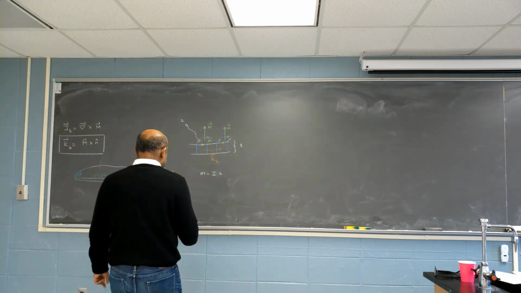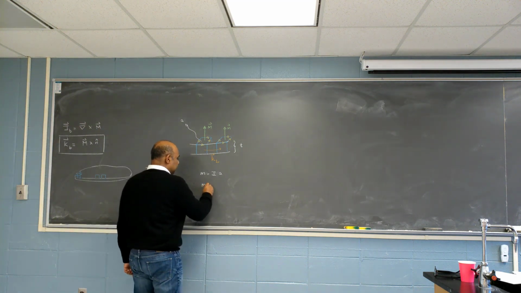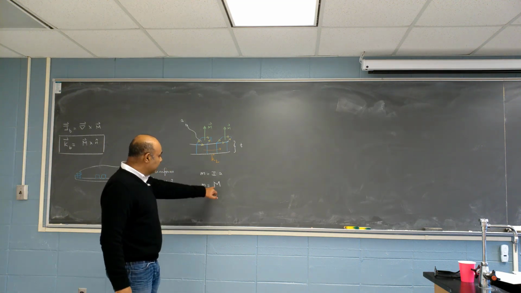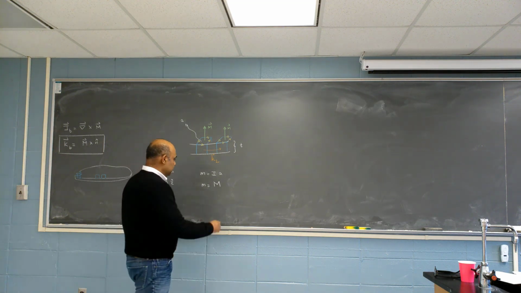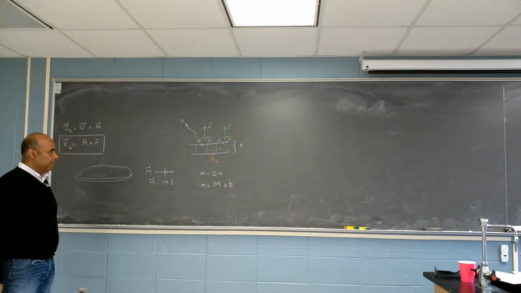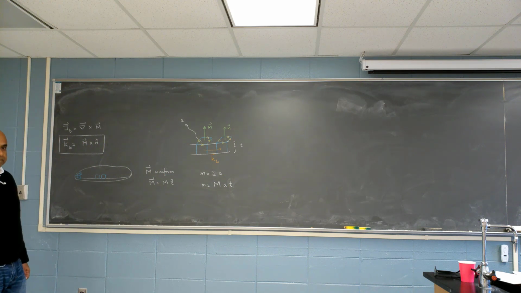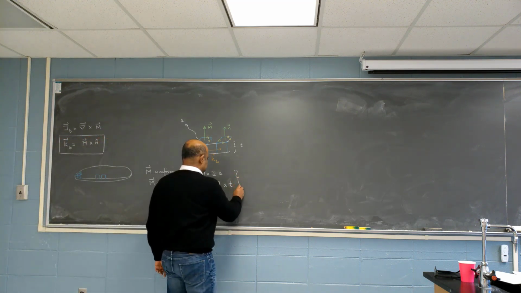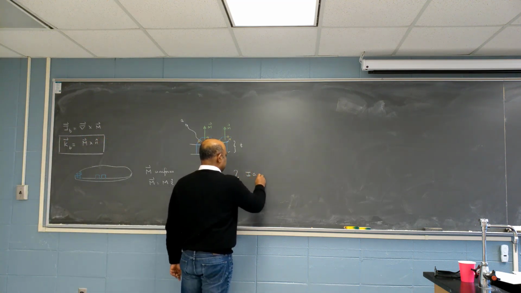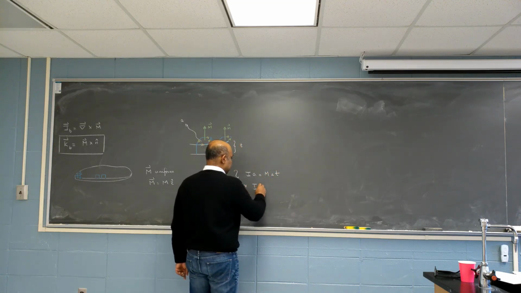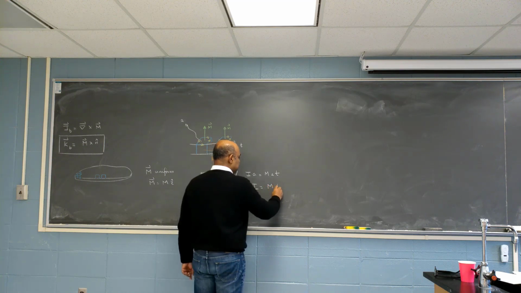But I also have little m to be magnetization, this is magnetization per unit volume, times A times T. Yeah? So I compare these two. IA equals MAT, or I is MT.